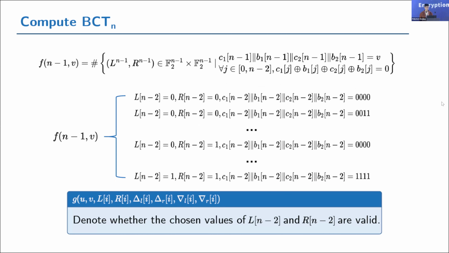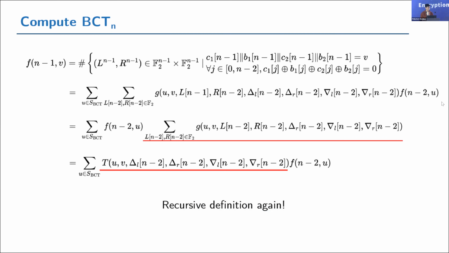With the function g, we can continue to sum up all of the cases. And now the computation becomes this. Again, we define a new function t to represent the summation of the function g. Here, I want to note that the function t can be pre-computed because its input is only two 4-bit strings and another 4-bit value.